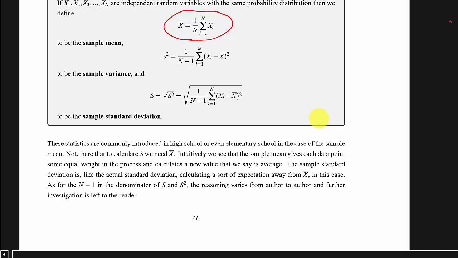The sample standard deviation is like the actual standard deviation, calculating a sort of expectation away from x bar. As for the n minus 1 in the denominator of s and s squared, the reasoning varies from author to author, and further investigation is left to the reader. So we're not going to get into all that. You can Google it online and read about that.